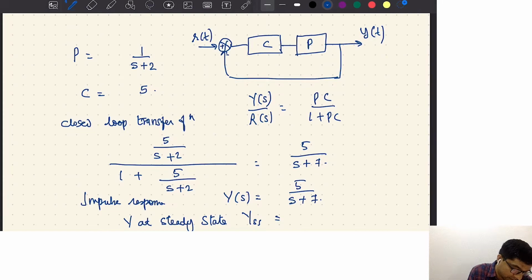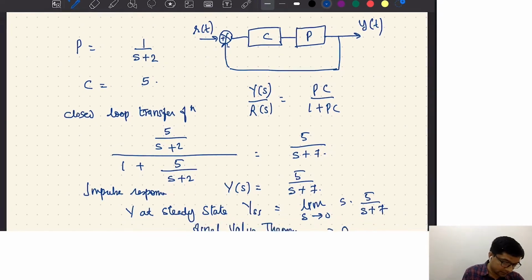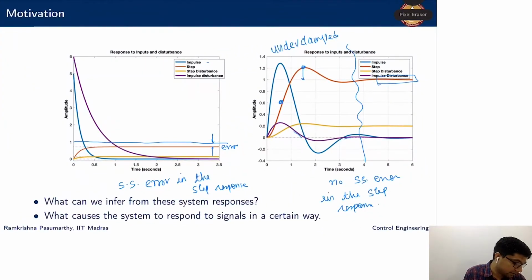I just apply the final value theorem to calculate YSS: limit S going to 0, S times 5 over S plus 7, and this is equal to 0. That is what we see in the plot here also, right? The impulse response, in this plot in blue, goes to 0.